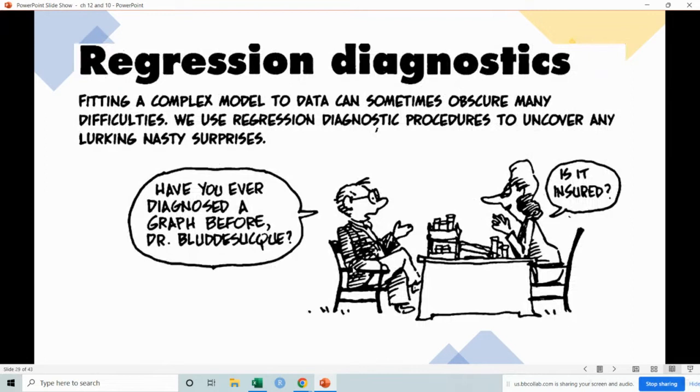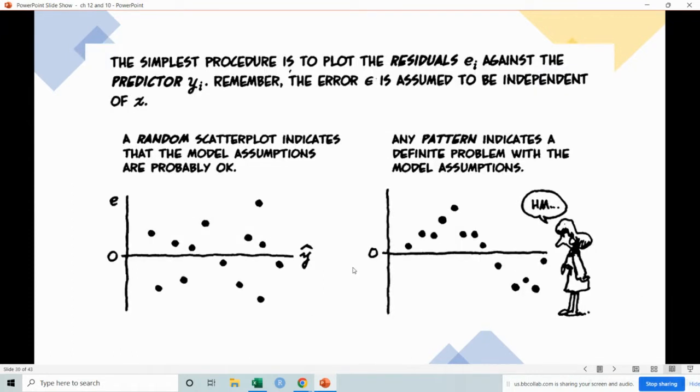Okay, so regression diagnostics. Fitting a complex model to data can obscure many difficulties. We use regression diagnostic procedures to uncover any lurking nasty surprises. The simplest procedure is to plot the errors against the predictor. You'll sometimes hear people talking about residuals when they're talking about regression.